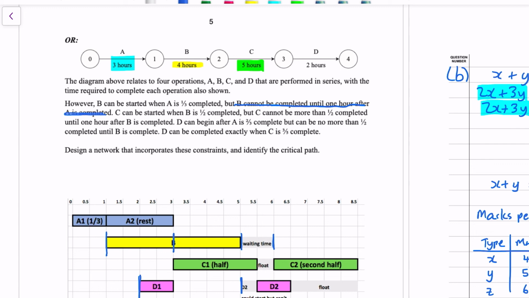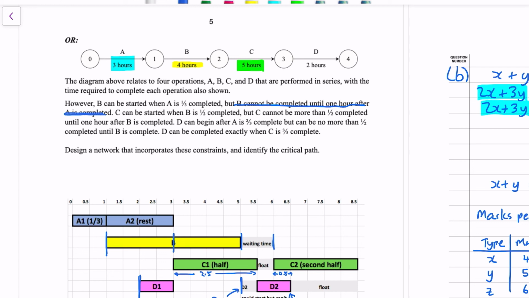C is a duration of 5, 3/5 of that is 3. We've already got 2.5 hours accounted for in the first half of it, so another half an hour of C has to occur before D can finish. So D could start at 5, but it would have an extra half an hour to wait before finishing. So you might as well start it a half hour late and finish it exactly at the right time. So D has to finish at 6.5. And then when we finish C, it's going to take us all the way to 8.5 hours.